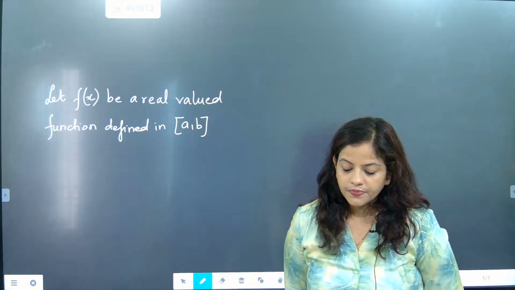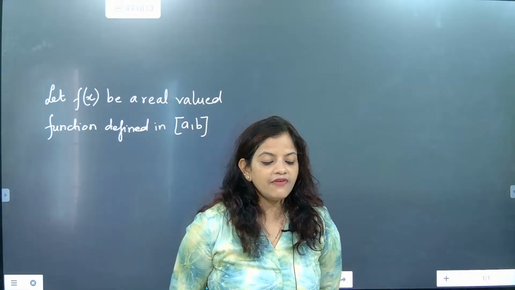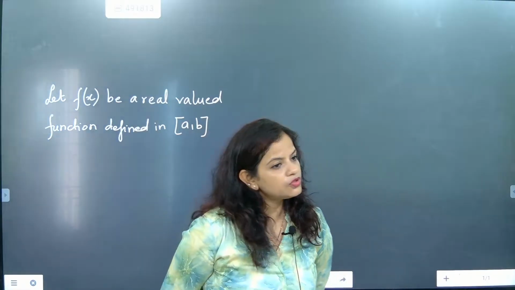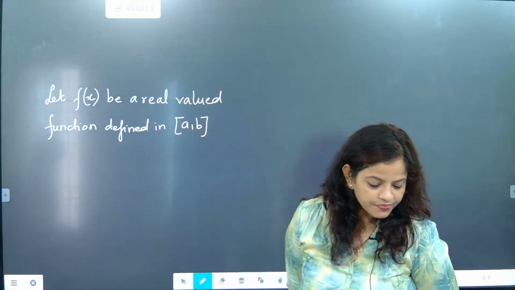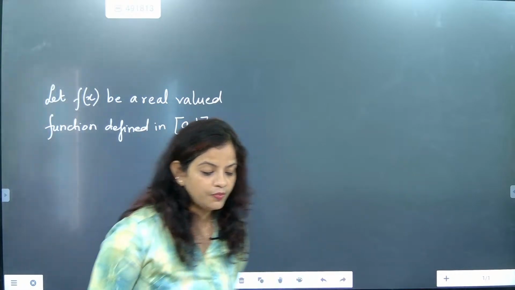Now listen. So f of x is a real valued function and it is defined in closed interval AB. Now write next.